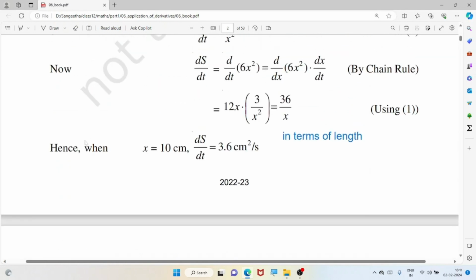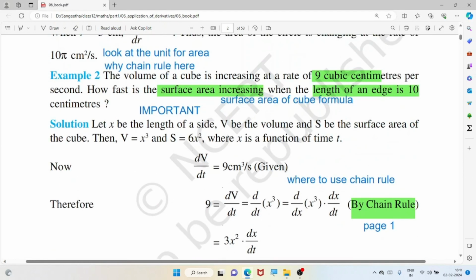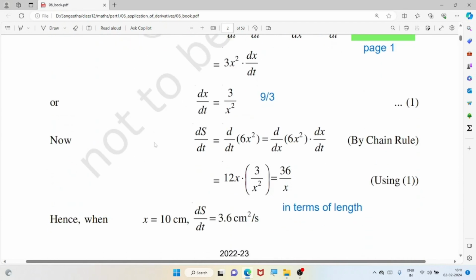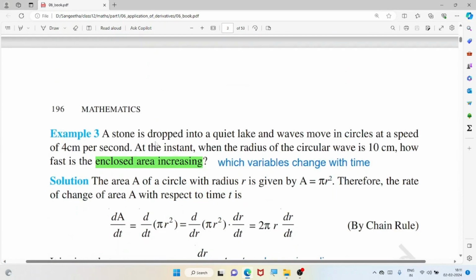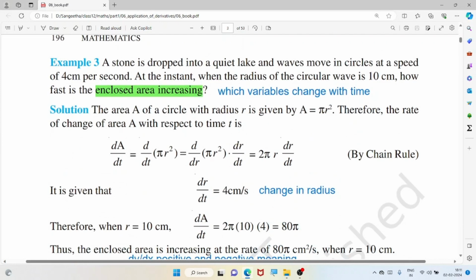For each question here, you should think what is given and what they are asking, what is changing and what they are asking. Based on that, you should try. A stone is dropped on calm water making waves at a speed. This is given, and this is the radius. At that instant, the radius of the circle is 10 centimeter, how fast is the enclosed area increasing? Here also it is the area of the circle.